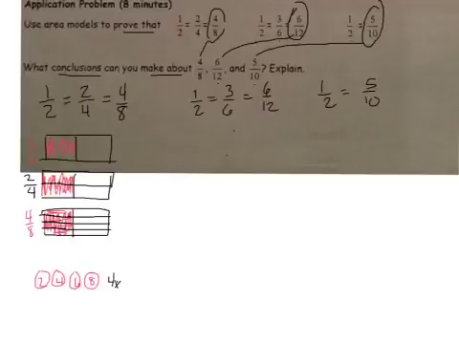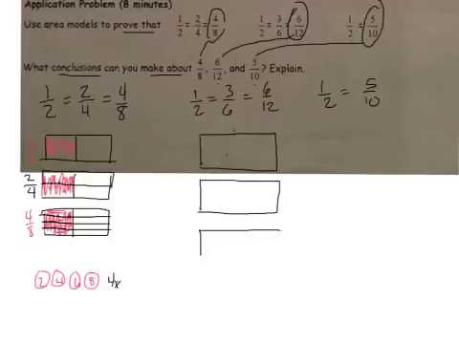So now I have to do the same thing with the next set of fractions. So I'm going to show 1/2. I'm going to set all of these up ahead of time here. So those are all going to show 1/2. And I'm going to shade them all in. So we're going to notice this is all 1/2.